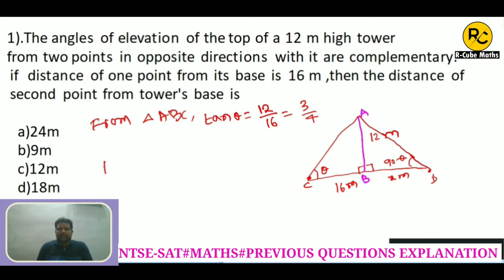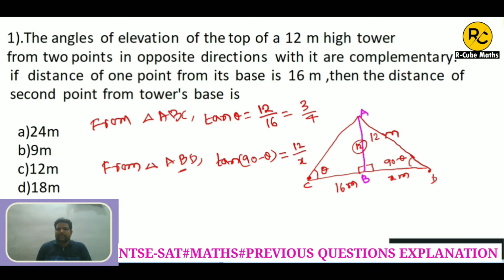Now take triangle ABD, right angle at B, angle ABD is 90 degrees. So here tan of 90 minus theta, which is an acute angle, equals the opposite side, 12 meters, divided by x.